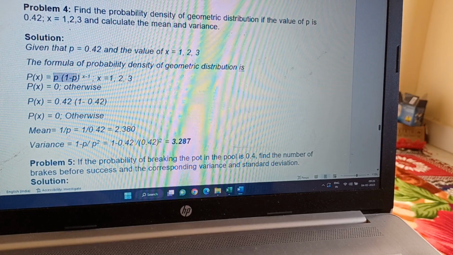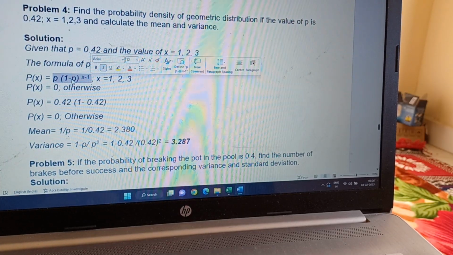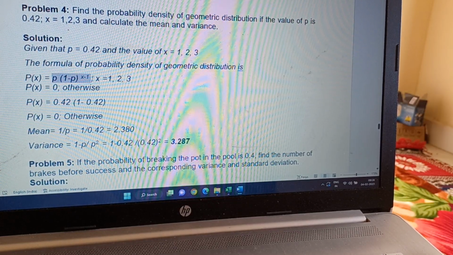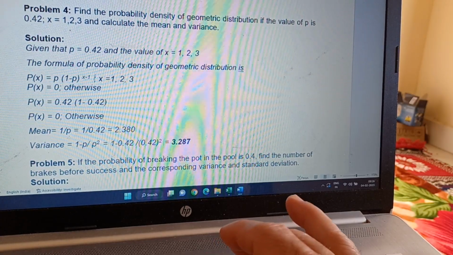I copy this part and paste here what I had explained to you earlier. So don't think that I am giving you something different.